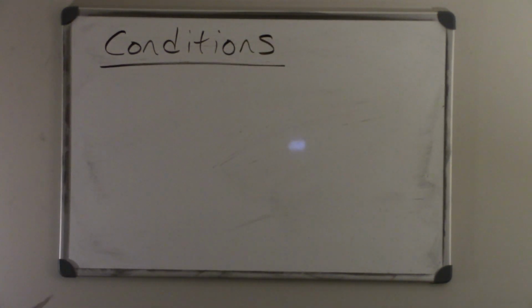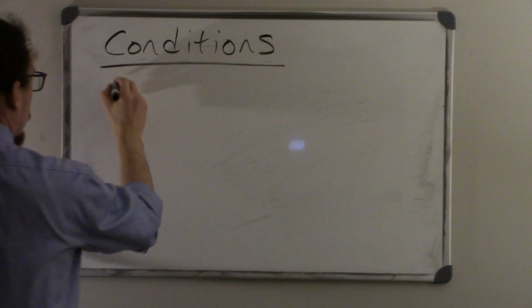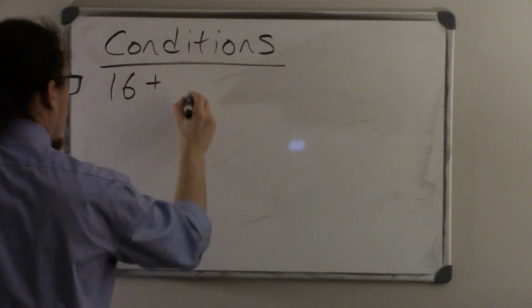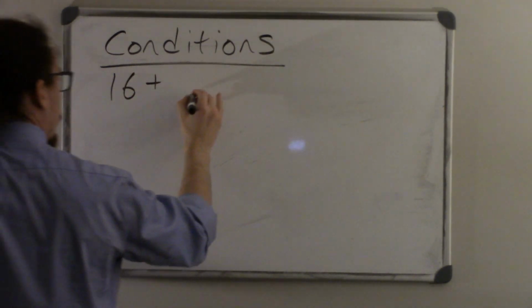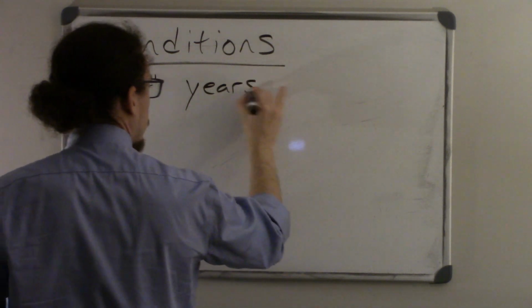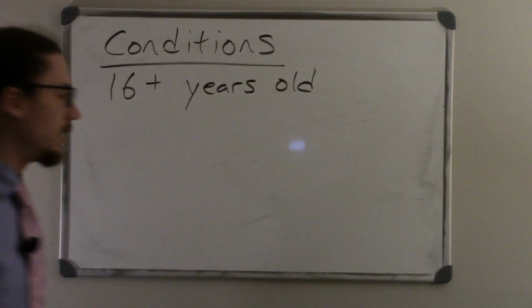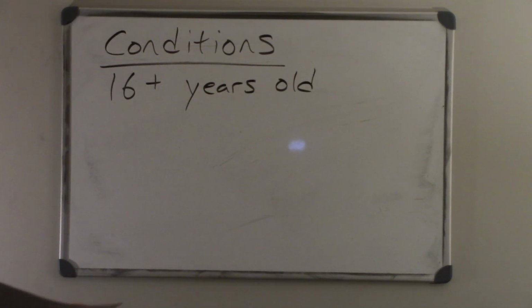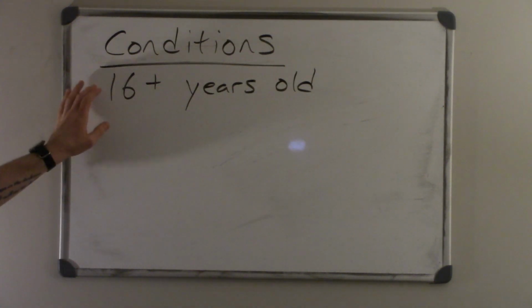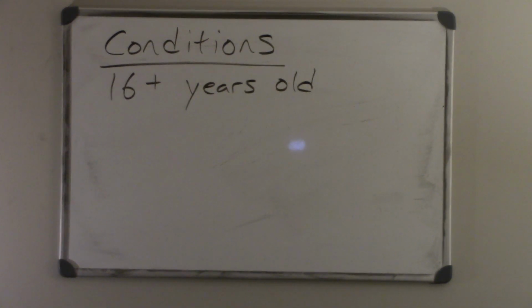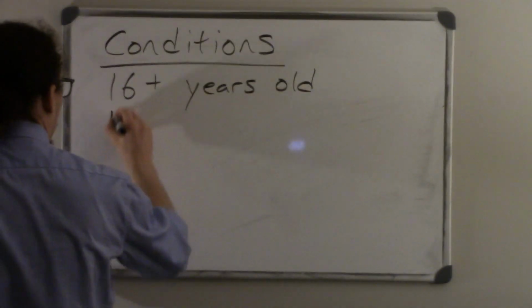All right, so you have to be an adult, as it said in the definition. That's considered 16 years old or older. So you have to be at least 16 to be included in the unemployment rate calculation.